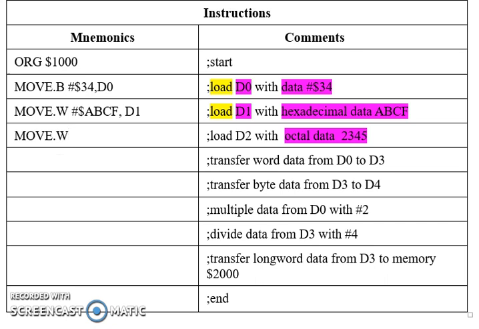And for octal, the symbol is like this, the octal symbol, and the data is 2345. So we already have the source, and the destination here is D2. So write D2, and we use move because the command is in the form of load. Once done, we complete the fourth line.